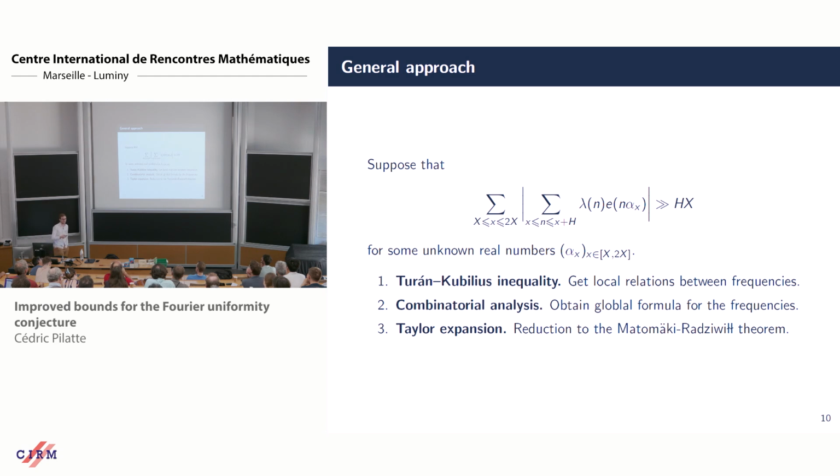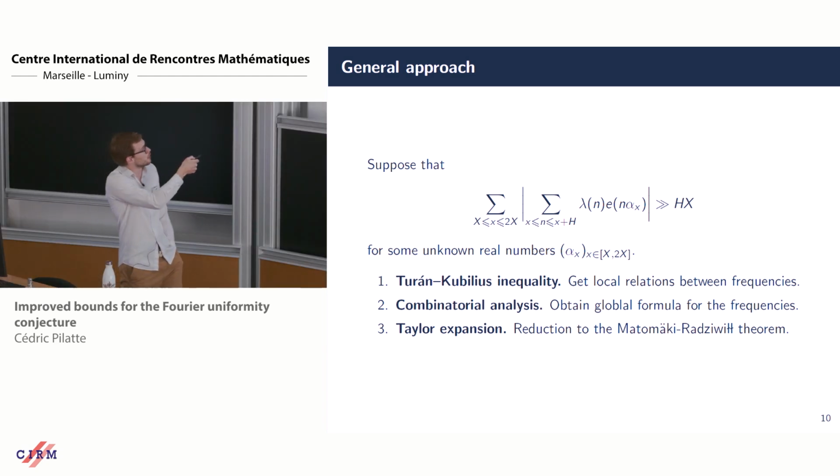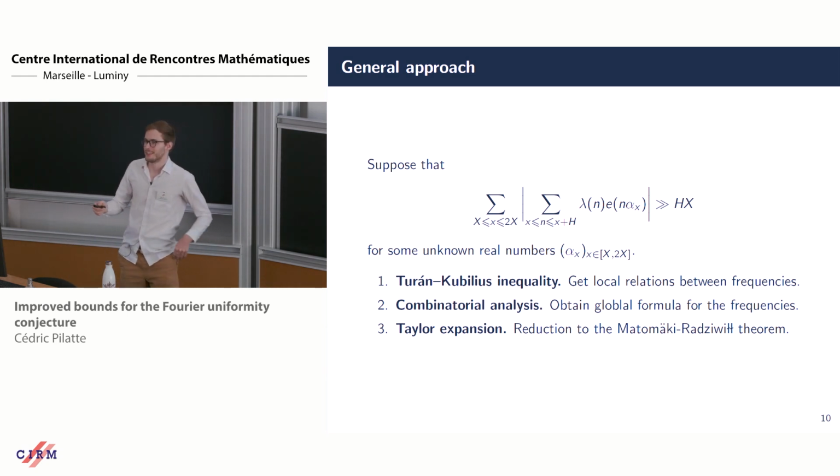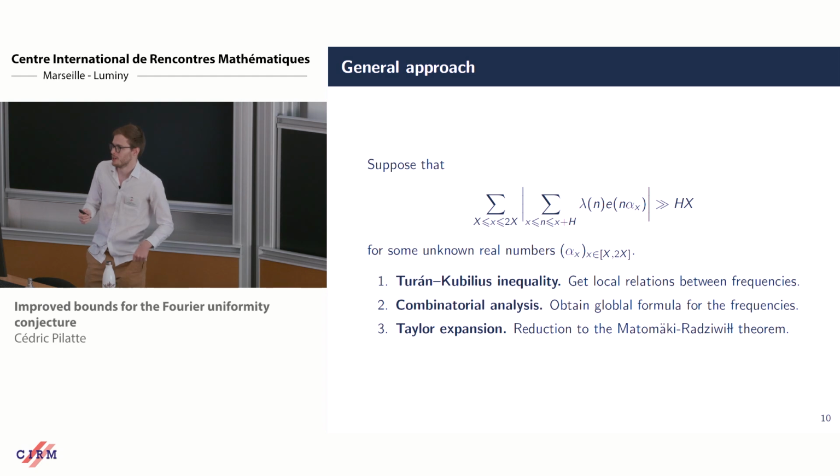But the difficulty is that you don't know anything about these alpha_x to start with. What you are going to do is first apply the Turán-Kubilius inequality, and this will tell you that these alpha_x are not completely unknown. They have some relations between them, but the relations are only between certain pairs of frequencies.